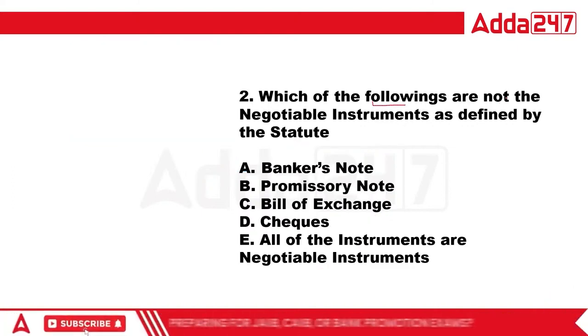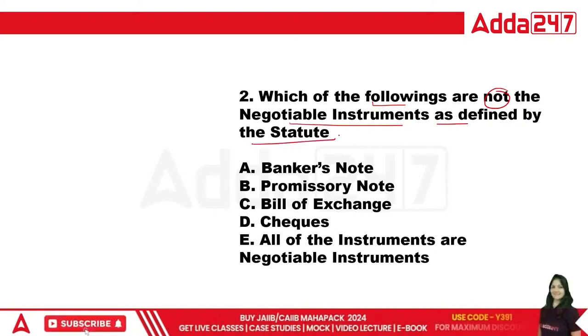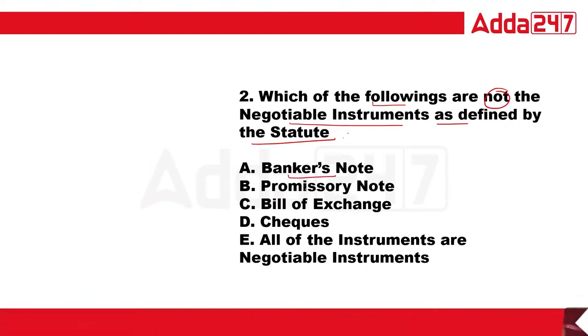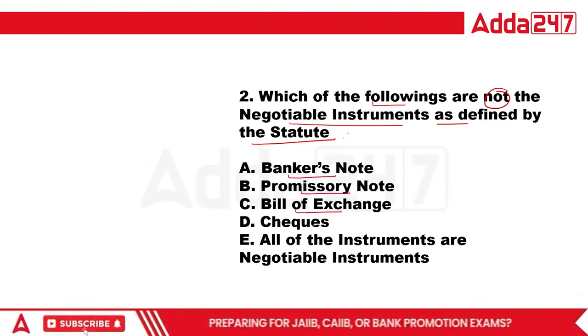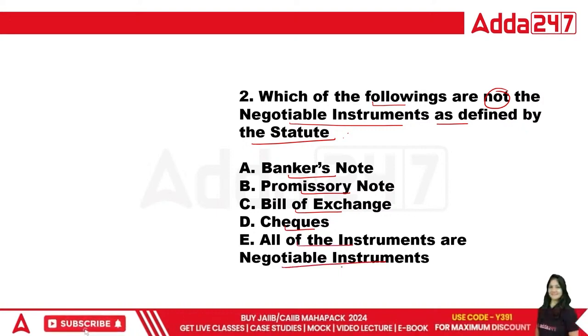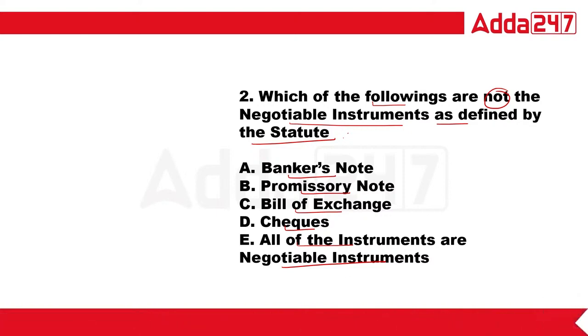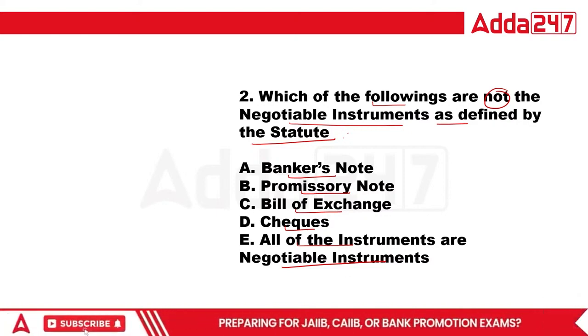Which of the following is not a negotiable instrument as defined by the state law? Banker's note, promissory note, bill of exchange, check. All the instruments are negotiable instruments under the act. Now just please remember this one and tell me the right answer.